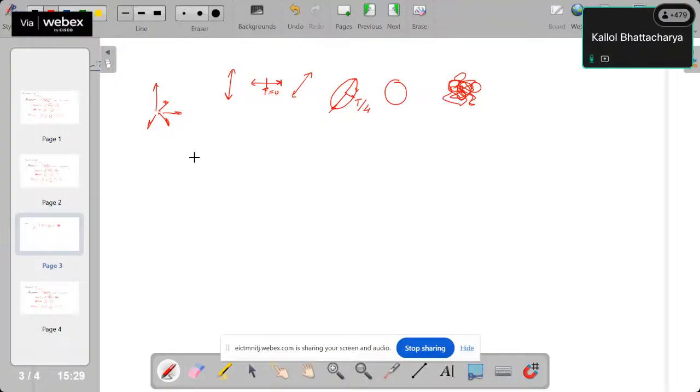Well, next we come to representation of polarized light. If we have light polarized in any arbitrary direction, we can say this is x, this is y, and this is linearly polarized light, and we can decompose it into two components.